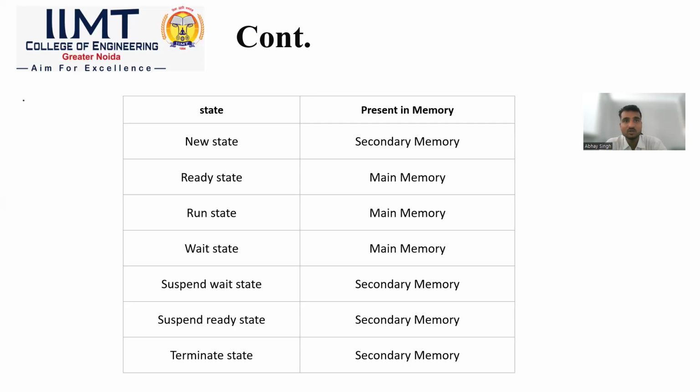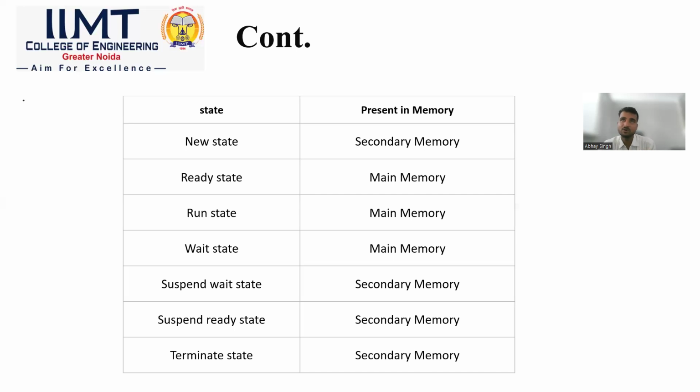Long-term scheduler chooses a combination of two types of process, like input output bound process, and the next one is CPU bound process. When the long-term scheduler chooses a combination of those processes, it is because, suppose the long-term scheduler chooses only input output bound processes, then all the processes go through input output operations and the running state is free.